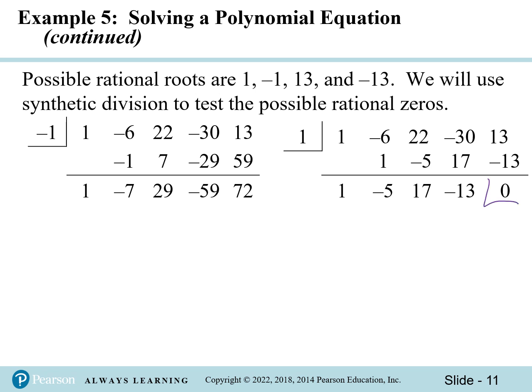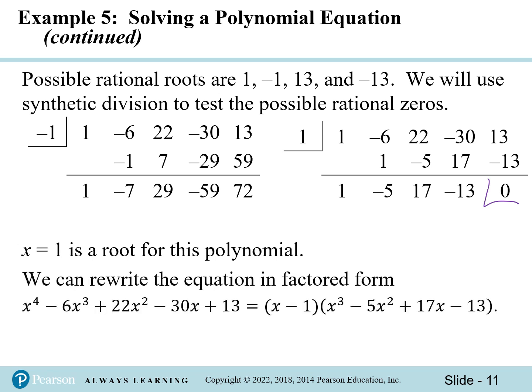So it is a root for the polynomial. Now we can rewrite this as x minus 1, and then x cubed minus 5x squared plus 17x minus 13.